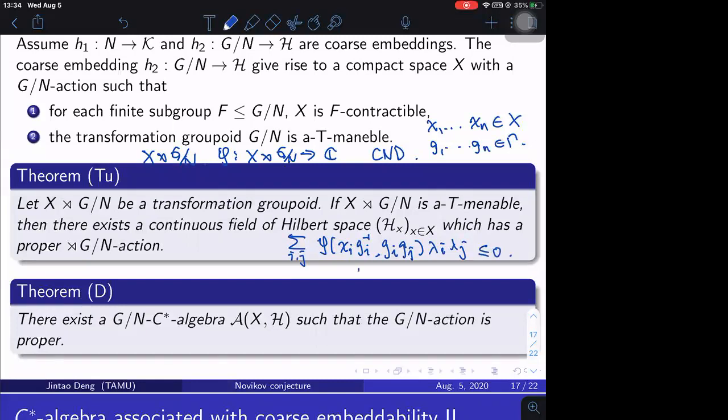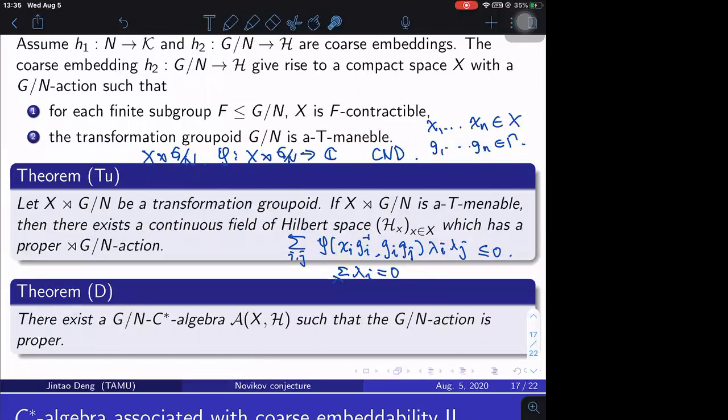Here the lambda_i are real numbers with sum equal to 0. This is CND. And if this map is proper, then we call this conditional negative definite function proper. A transformation groupoid is called a-T-menable if it has a proper conditional negative definite function.